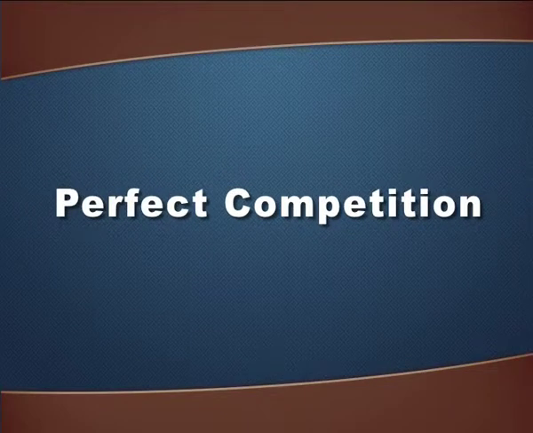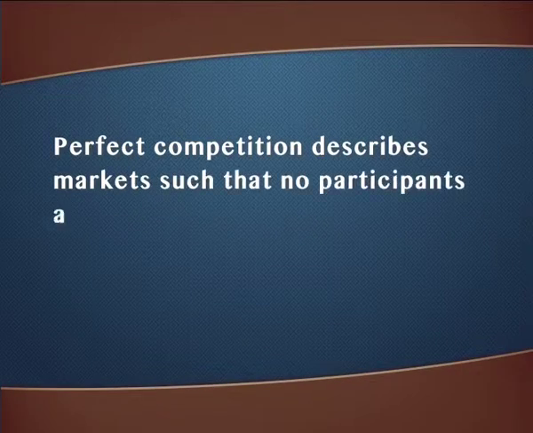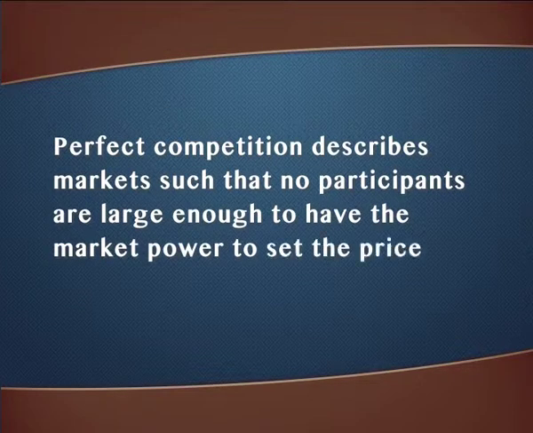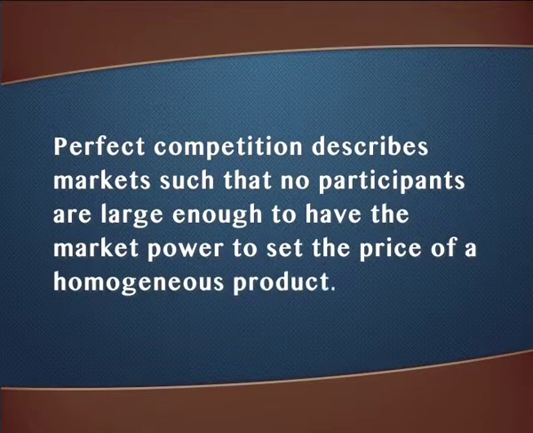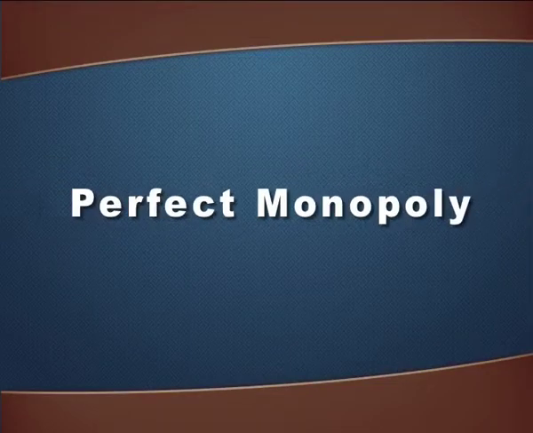Perfect competition. Perfect competition describes a market such that no participants are large enough to have the market power to set the price of a homogeneous product. An example is eBay. Now let's discuss monopoly.